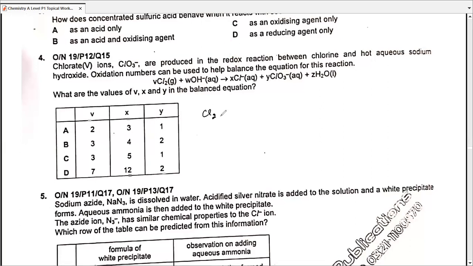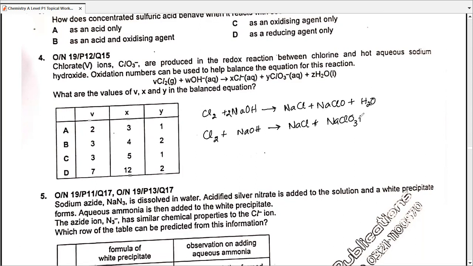First one is Cl2 plus NaOH, and it gives us NaCl plus NaClO plus H2O. Okay, and if you write this, the whole equation is balanced. The second one is Cl2 plus NaOH, and in this case, we have NaCl, though they have used the ionic equation, but this would give you a very good idea how that goes.